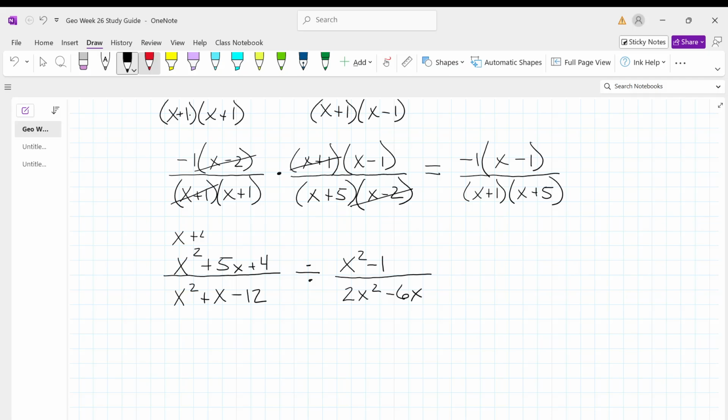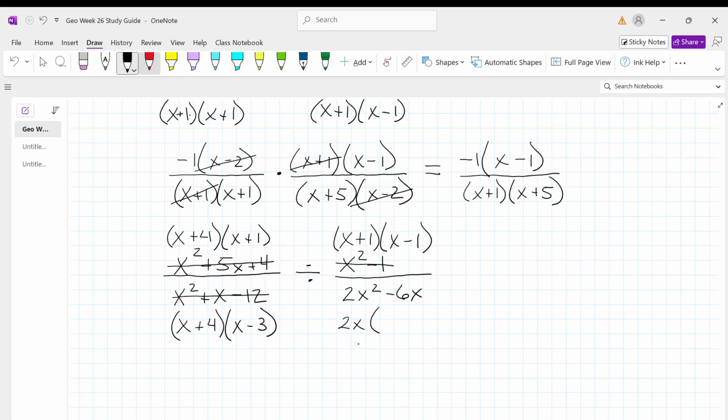We get x plus 4 times x plus 1. In this denominator, we get x plus 4 times x minus 3. Top right here, we get x plus 1 times x minus 1. And down here in the bottom right, we can factor out a 2x and multiply it by x minus 3.